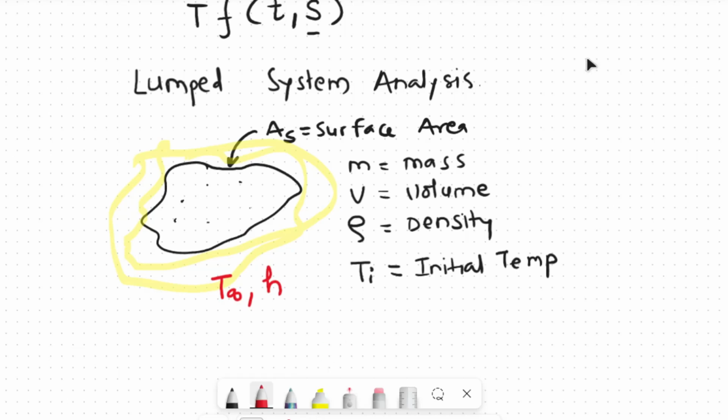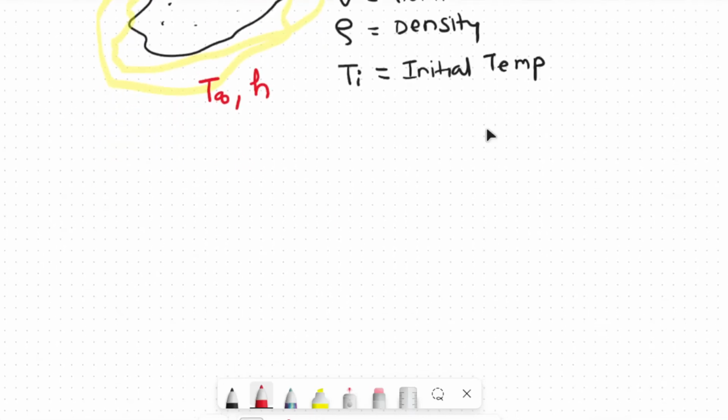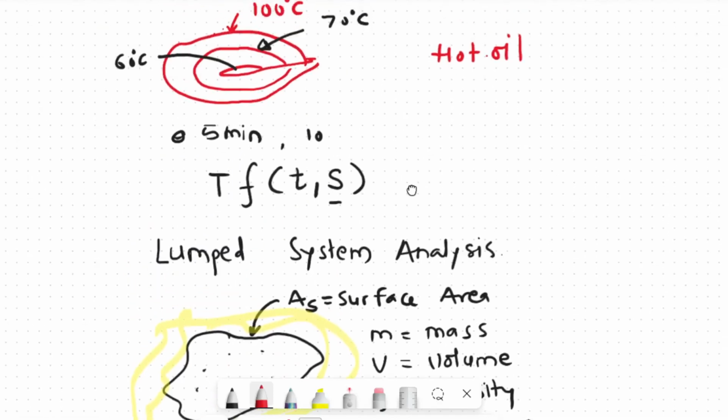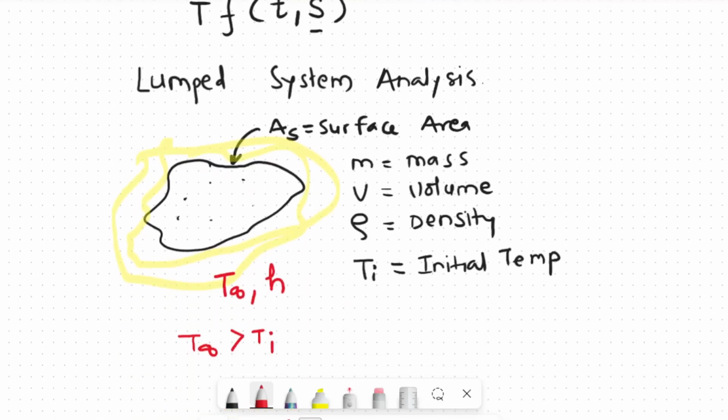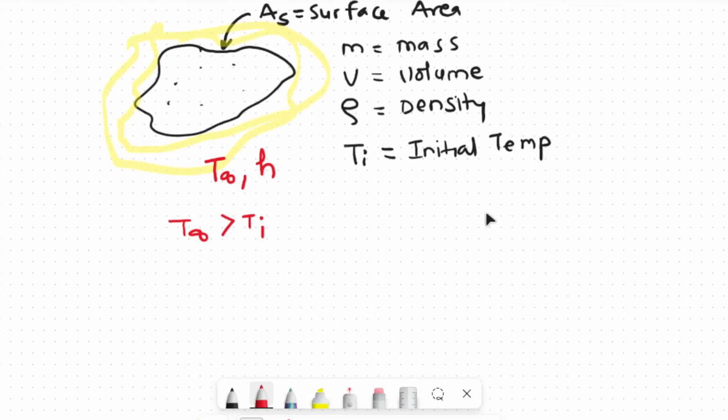Now, for the sake of convenience, let us assume that T infinity is more than the initial temperature of the body. Now, in the previous example, we discussed the chicken kept in a frying pan. In the same way, the temperature of the fluid is more than the initial temperature of the body.